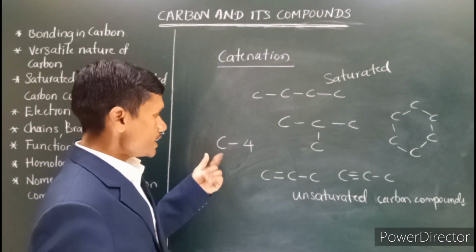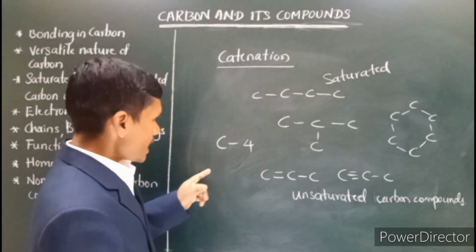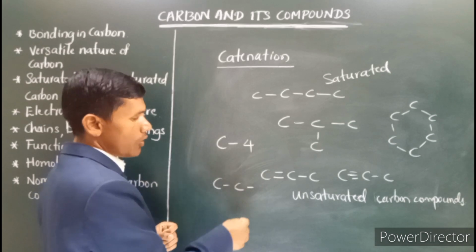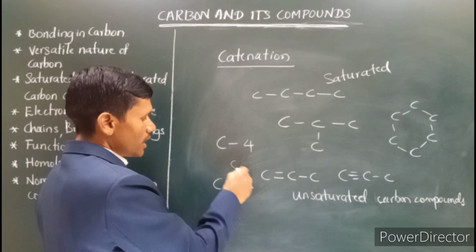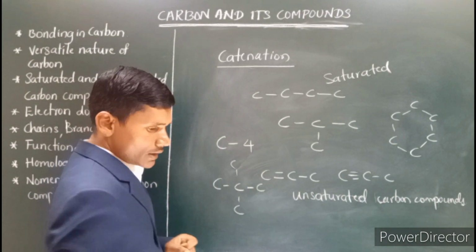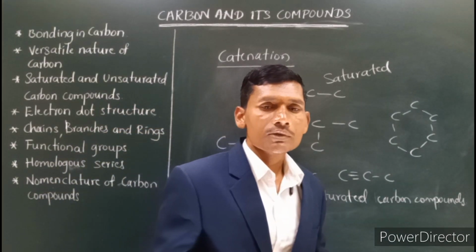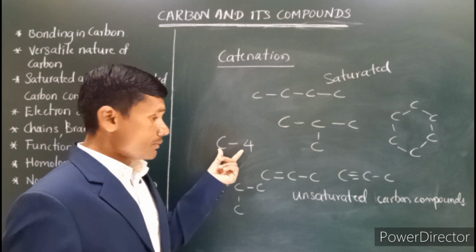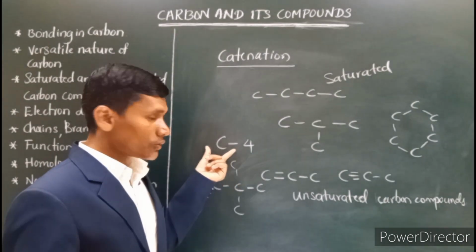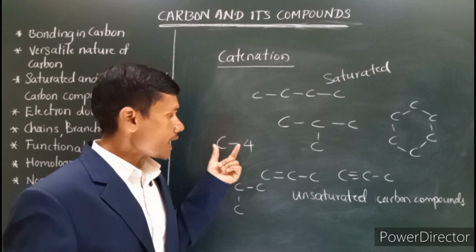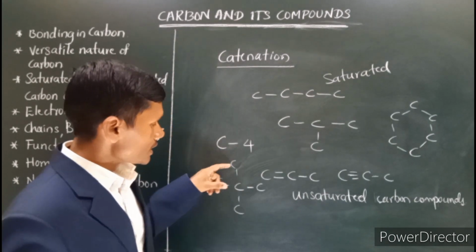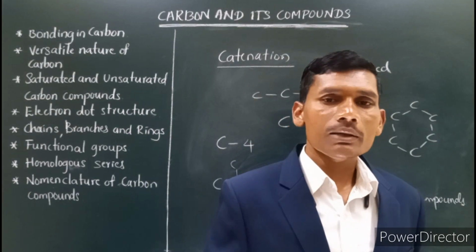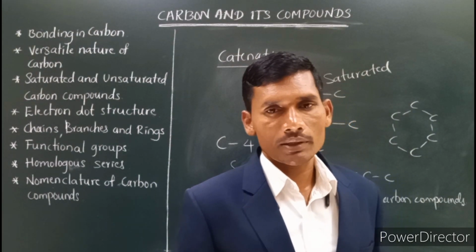Since the valency of carbon is 4, it can make bonds with 4 other carbon atoms, or with other atoms which are monovalent. Finally, the 4 bonds have to be formed with one carbon atom. That has to be satisfied. So it shares electrons with other carbon atoms or with atoms of other elements.